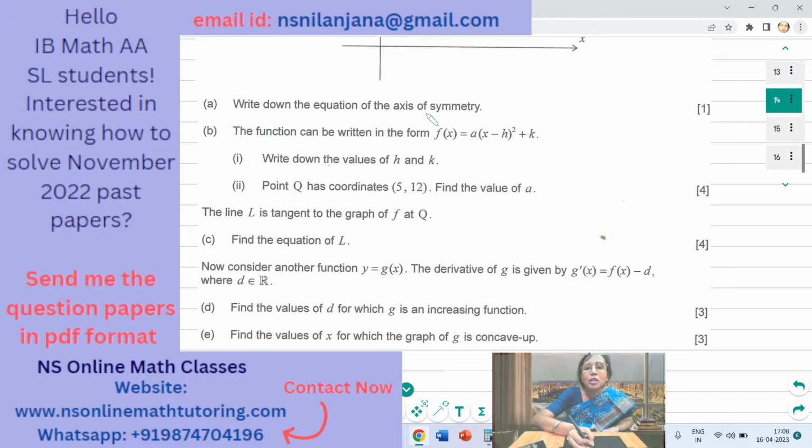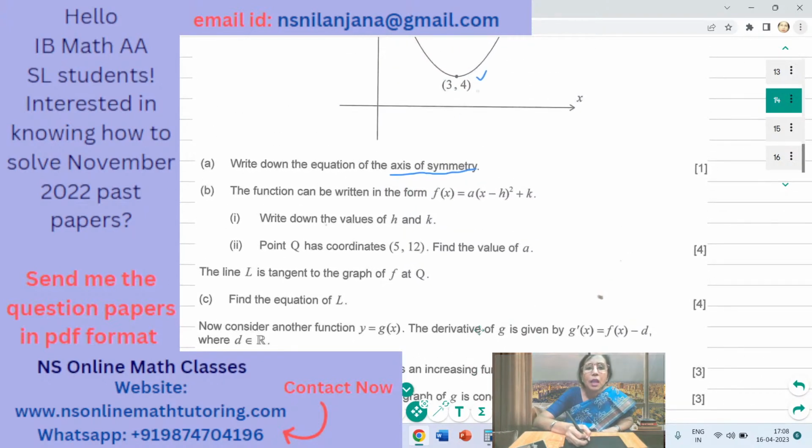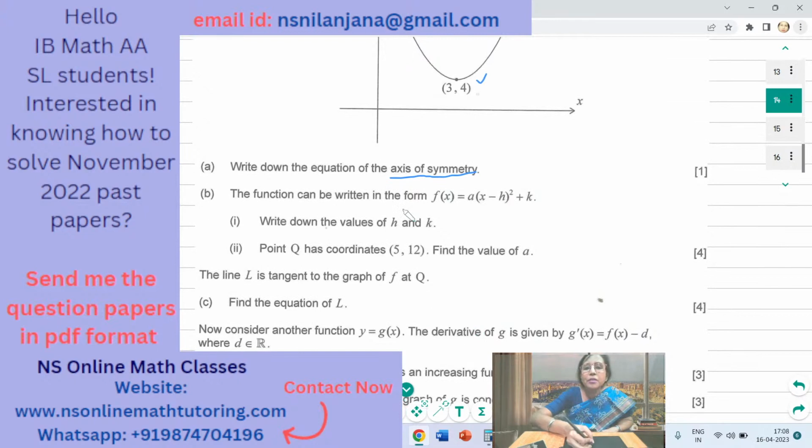Part A, write down the equation of the line of symmetry or axis of symmetry. The line of symmetry will always pass through the vertex, and it has an equation x equal to the x coordinate of the vertex. It is the line which divides the parabola into 2 equal halves.